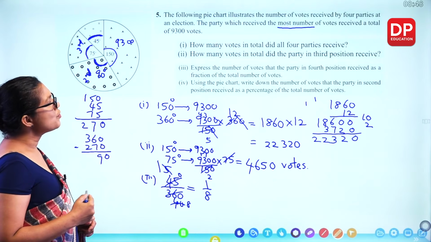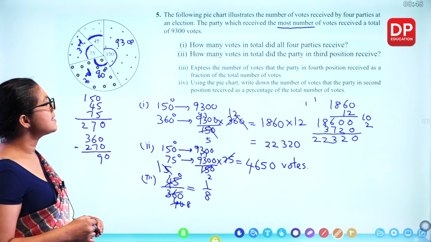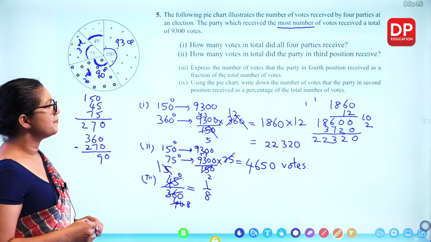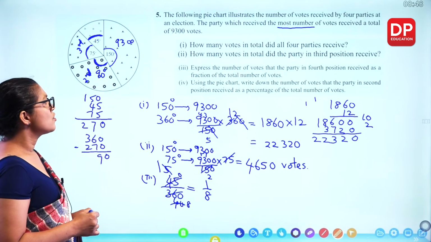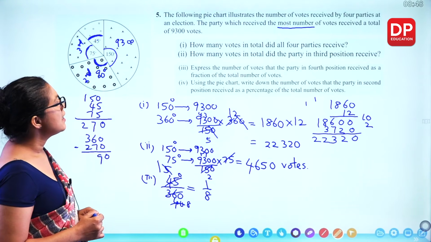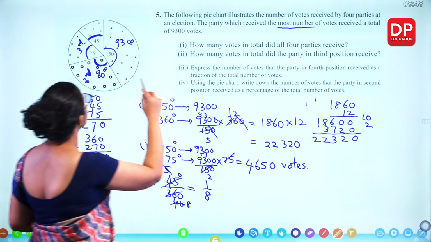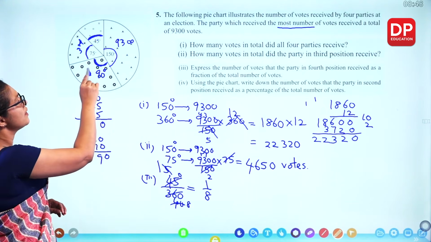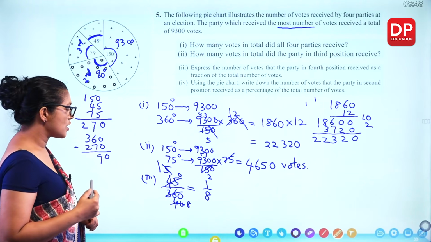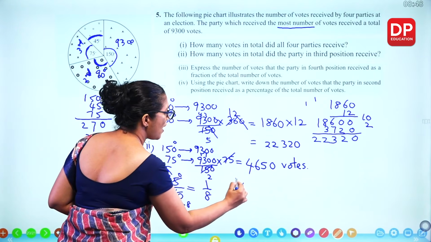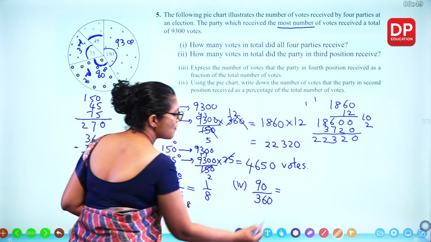What about the next one? Using the pie chart, write down the number of votes that the party in second position received as a percentage of the total number of votes. Second position is this one, a 90 degree angle. We need to first find the fraction. Here, 90 degrees out of 360. What's the fraction?